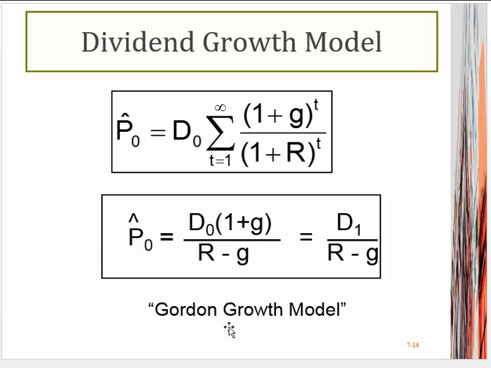This model, by the way, is referred to as the Gordon growth model. It's used by many brokerage firms. They all utilize some form of this, at least to give a basis or a beginning point, if you will, of evaluating the current values of stock prices.